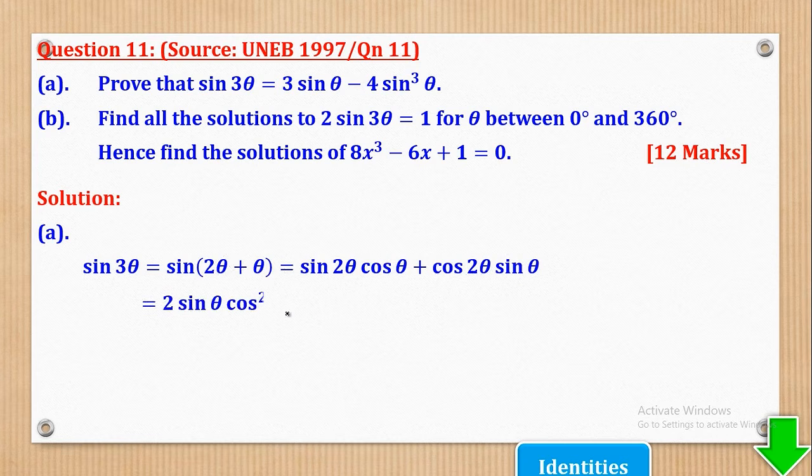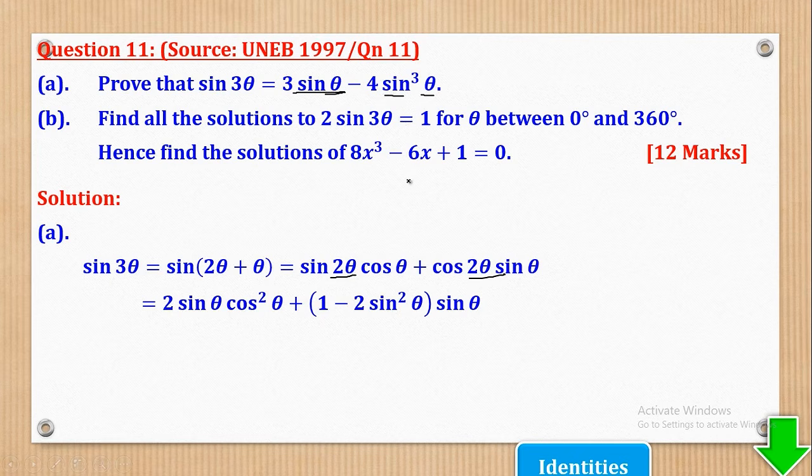The next is to use now the double angle identity, because in the proof, if you look at this proof, the angles are only theta, but here we have 2 theta and 2 theta, so we have to convert it in terms of theta. And also you should remember that they only want sine and not cos.